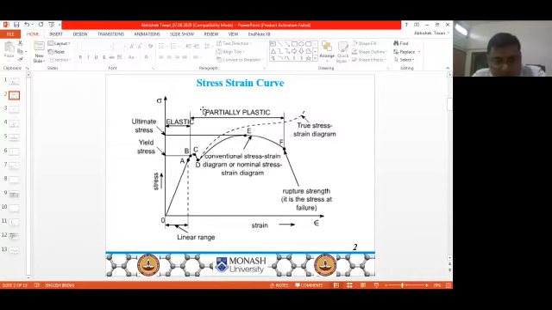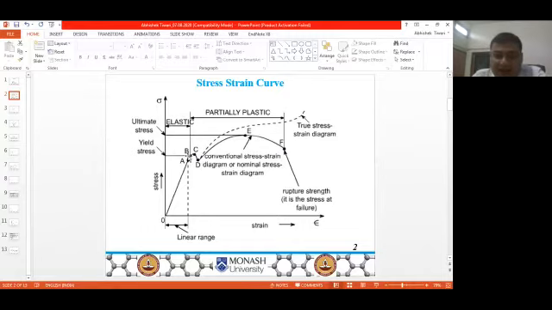Now, the engineering stress strain curve is also called the flow curve. From point O to A it is a linear region, and from A to B it is increasing, but not linearly. From point O to B it is called the elastic region. So what do we mean by elastic region?